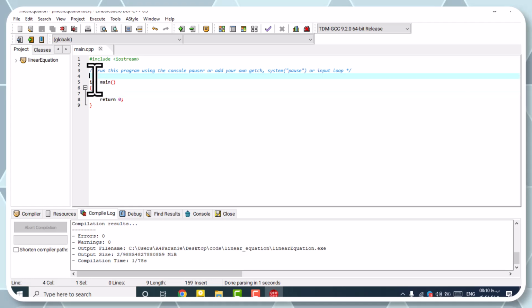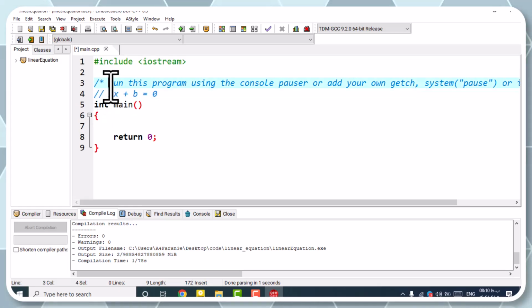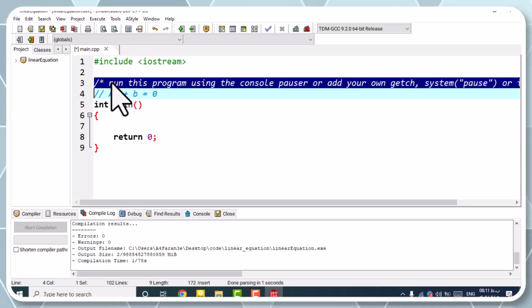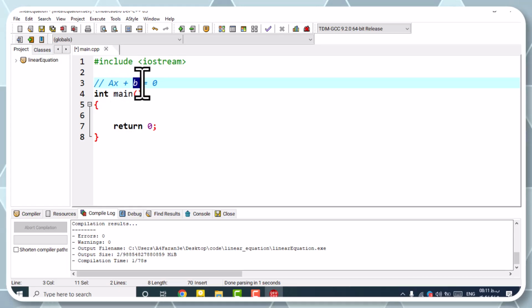For the project, we need the linear equation as ax plus b is equal to 0. So this means, let me zoom in here, a times x plus b, or capital B here.